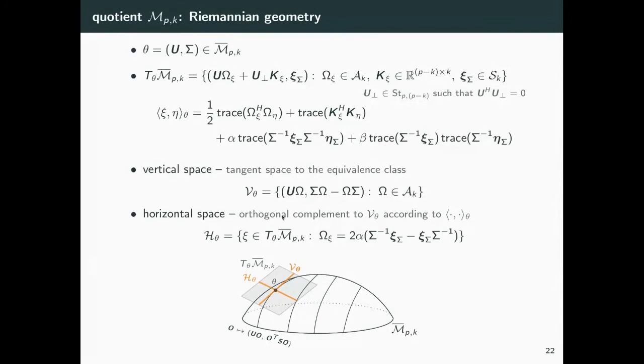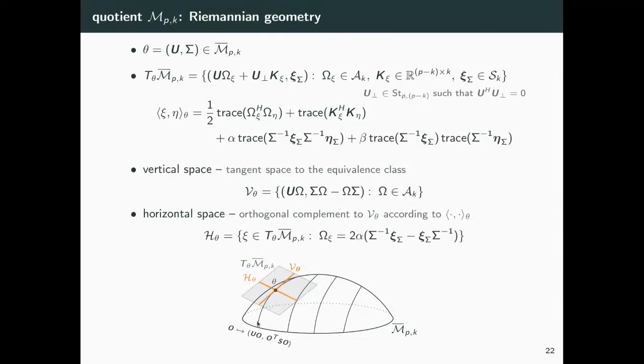And okay, so then to describe the geometry of the quotient, the first thing to take into account is the invariance fibers here.